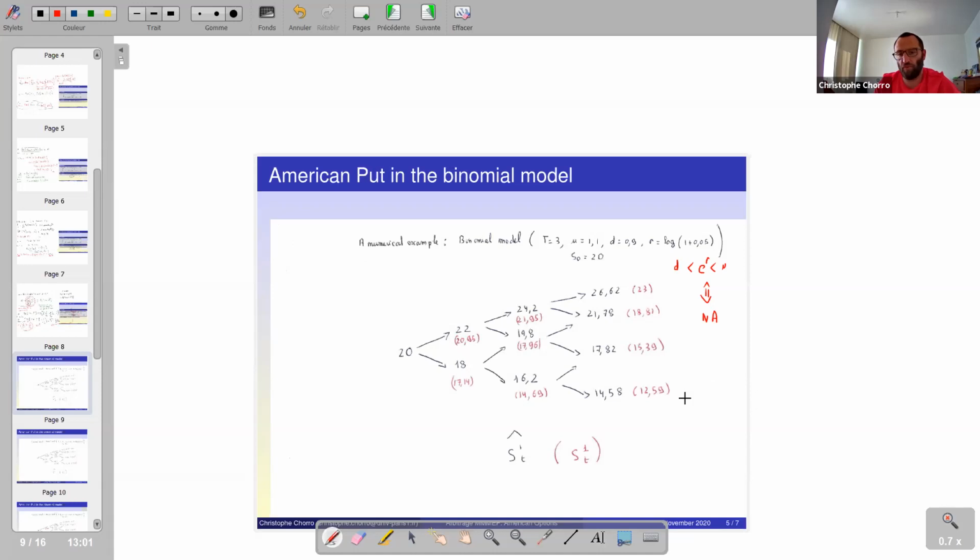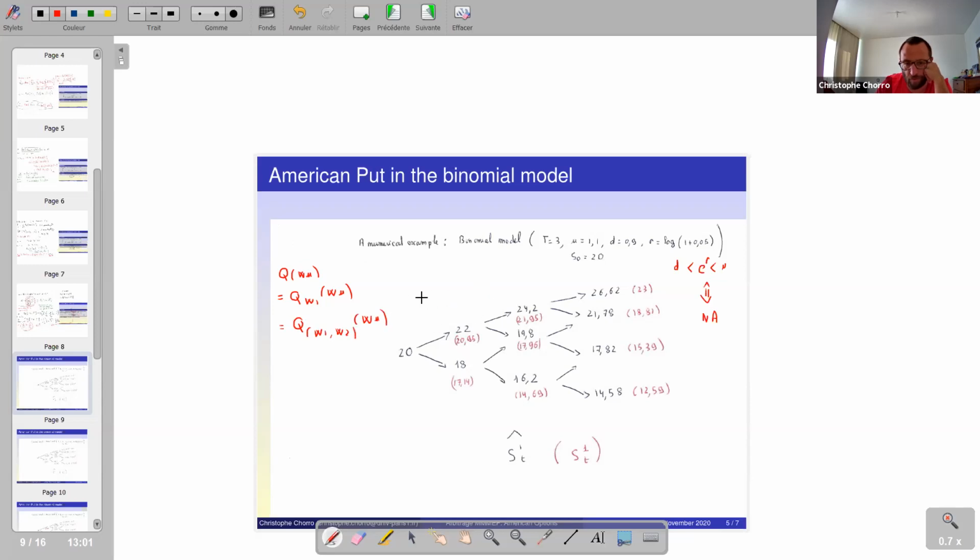We have also proved together that this model is complete, and in particular, I can find the equivalent martingale measure. Remember that we have seen together that Q of ωU in this situation is equal to Q of ω1 ω2 ωU.